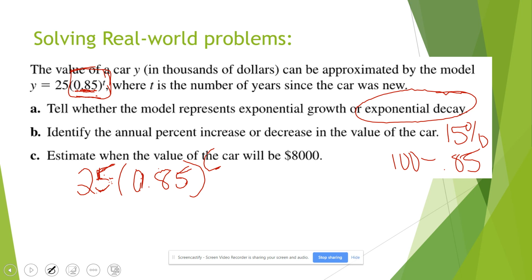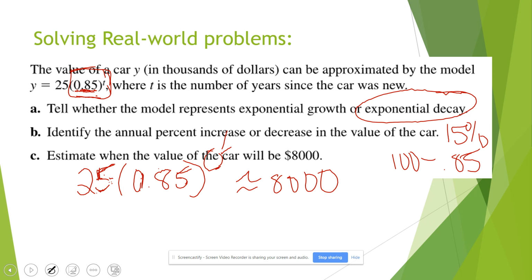And then where this T is, we're just going to keep trying some numbers. Anything you want, really, to get as close to 8,000 as we can. So I'm going to plug in maybe 5 years and then 6 years.